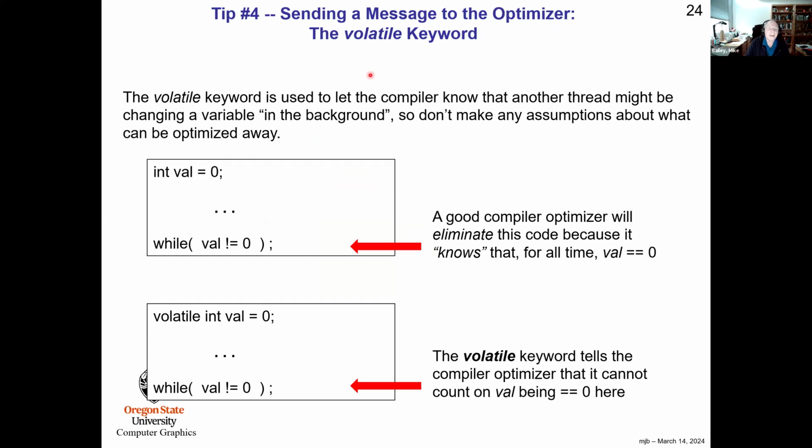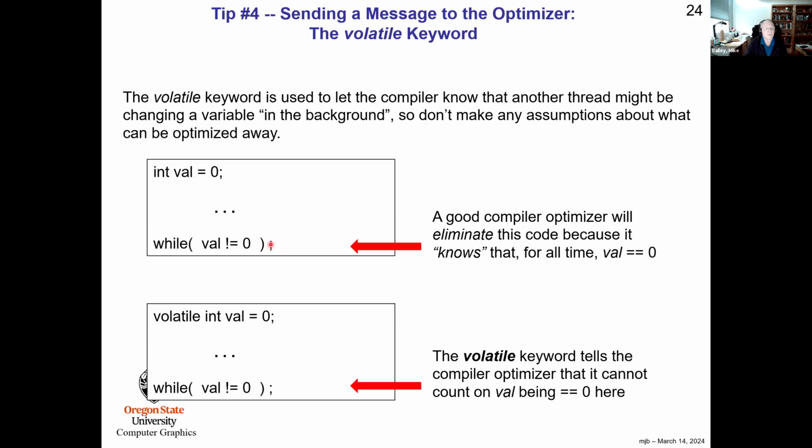Volatile keyword. Before threading, we never had to worry about this. If I wrote code that looked like this, int val equals 0, and then a little while later, I followed it up with, while val is not 0, keep looping. Well, that would drop out right away. And so a good compiler will just take that code right out of there because it knows val is 0.